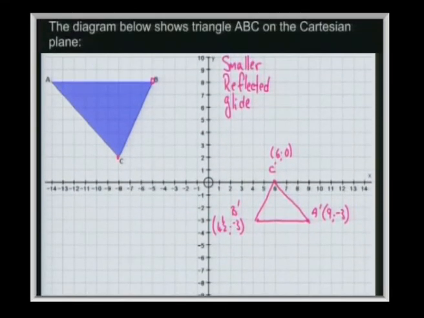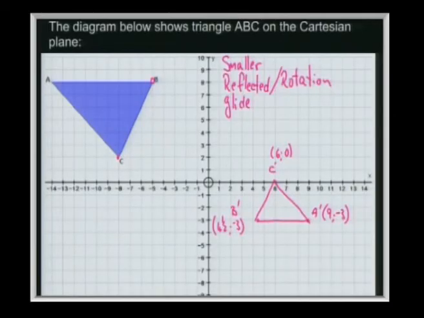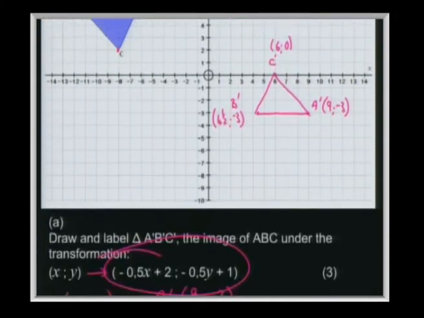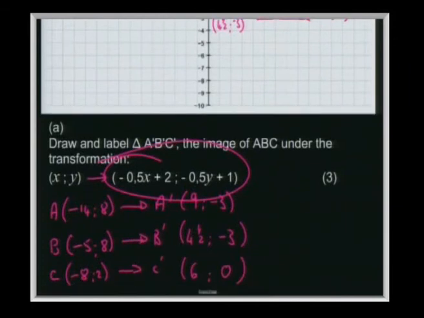Is it a reflection, as I previously indicated, or could it perhaps be a rotation? Well, the x's and y's didn't swap. So it's not a reflection around y equals x. The x's and y's stayed in the same place, so it's a rotation of how many degrees? Well, it's 180. So let's go down to the bottom and write this out.